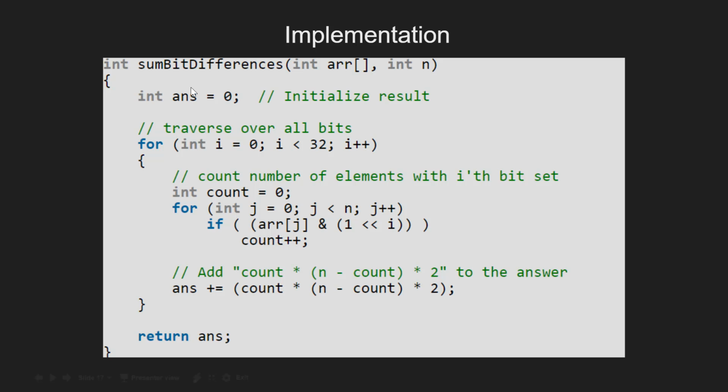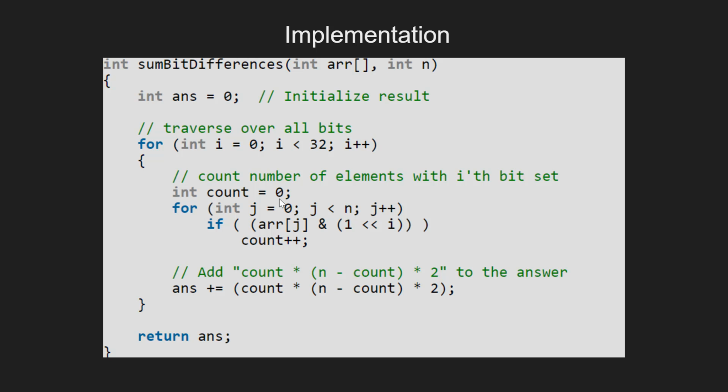Here we have a function named SumBitDifferences which takes the array of integers along with its size n as the arguments. Now we first take the answer variable and initialize it with 0. Next we run a for loop which iterates for each bit position of the 32-bit integers. Now inside the for loop we take another integer named count which stores the number of integers having the ith bit as set.